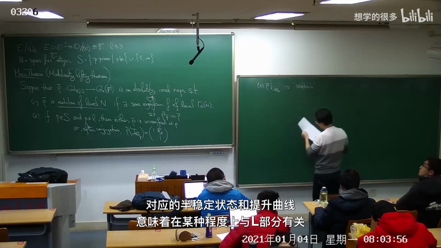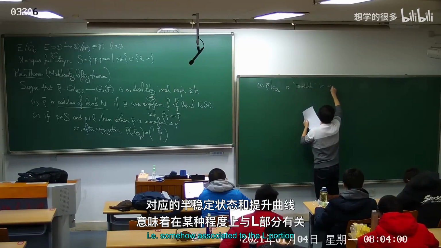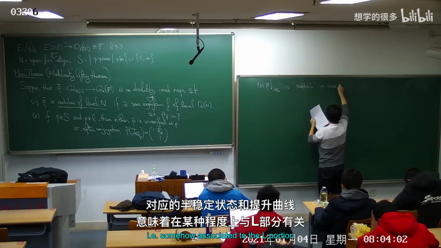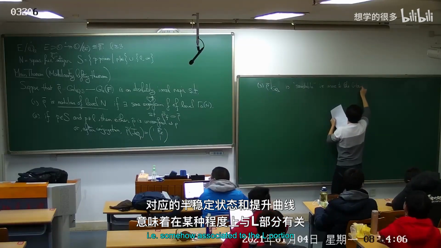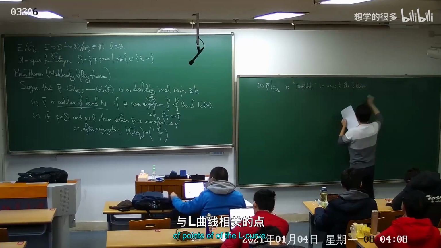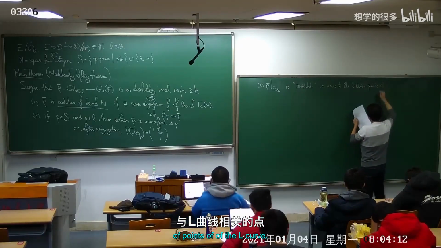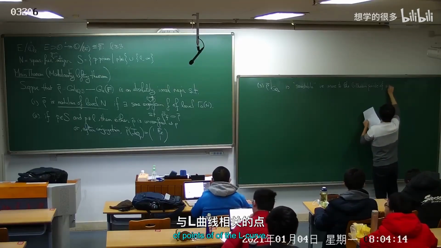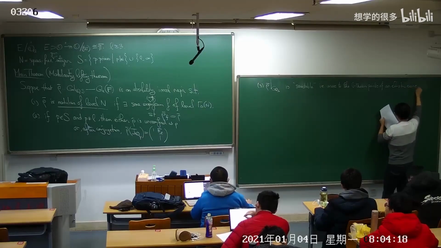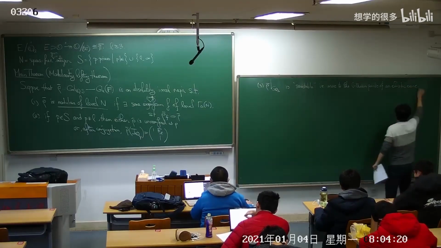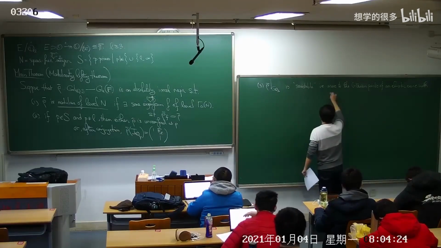It corresponds to semi-stable elliptic curves, i.e., this is somehow associated to the L torsion points of an elliptic curve with good or multiplicative reduction.